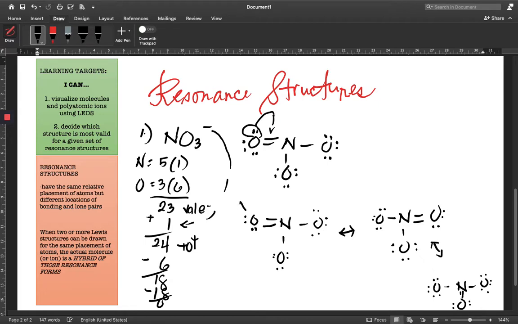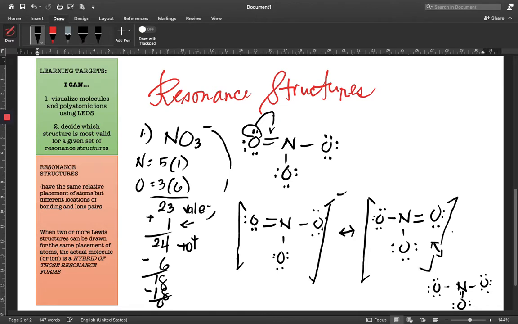So do not forget to place your LEDs for ions in a bracket and include the charge in it, right? So that we will know that we are dealing with a charged particle of NO3. Here.